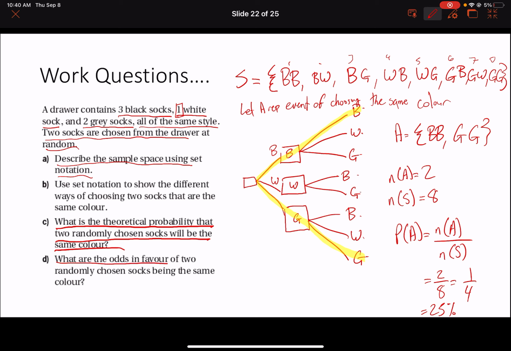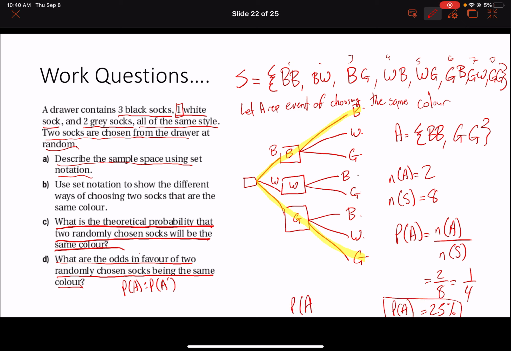What are the odds in favor of 2 randomly chosen socks being the same color? The odds in favor is P of A to P of not A, right? So P of A is 25%.